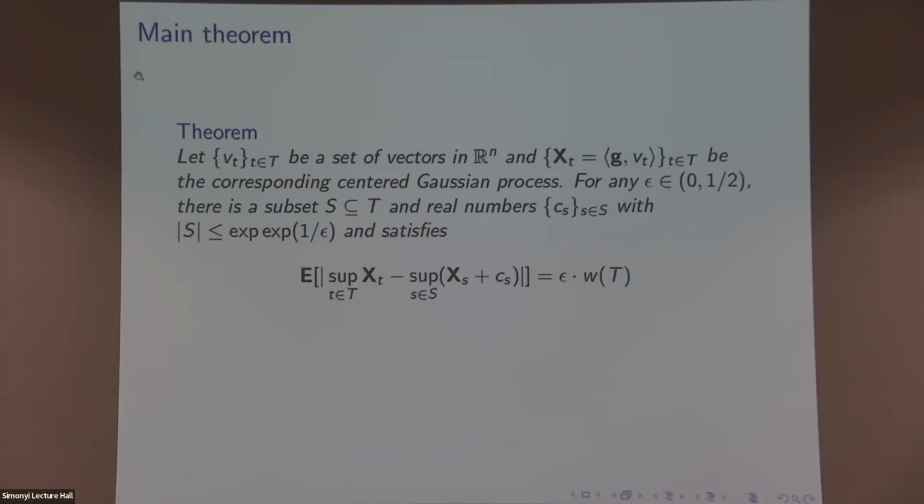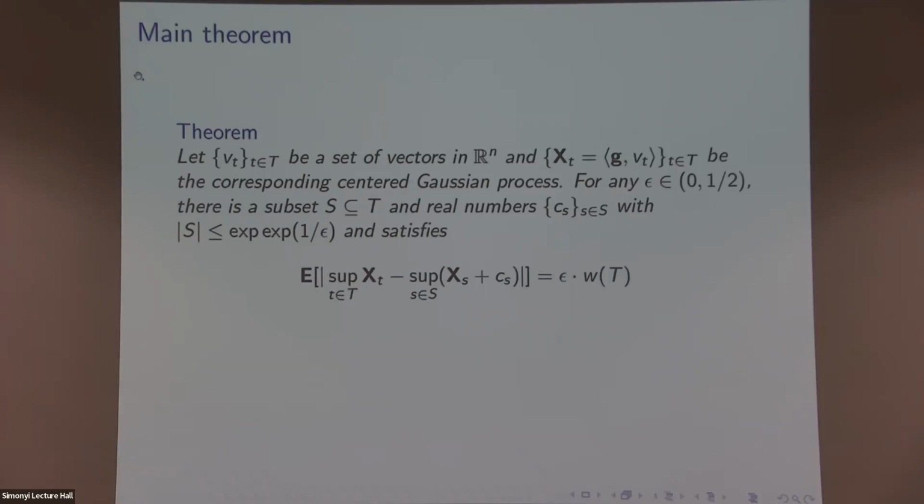Any other error metric would have basically the same guarantee. So I'm just using the simplest thing to state: the expected absolute value of the error between the original, target Gaussian process and this approximation is small in terms of the Gaussian width. The key point is that the number of vectors we are using here is independent of the target dimension.